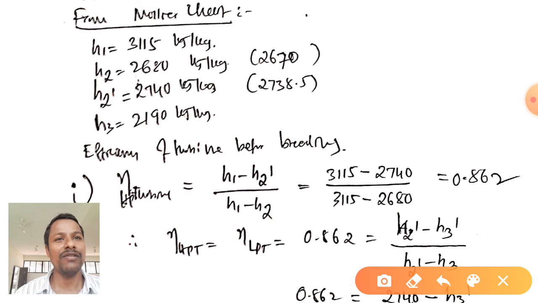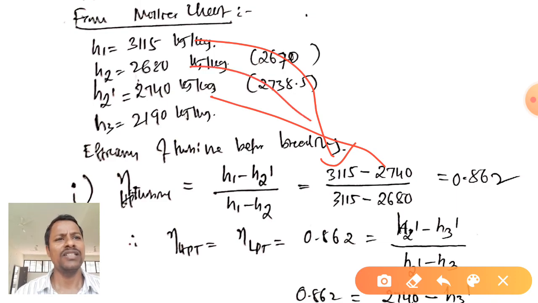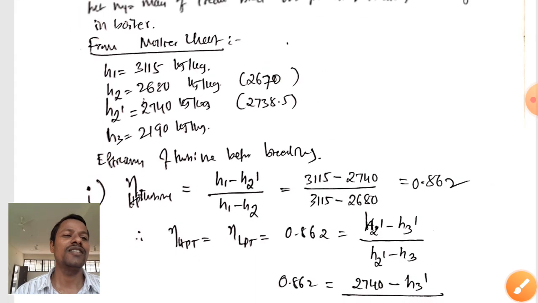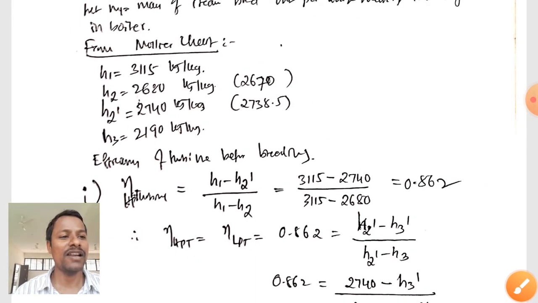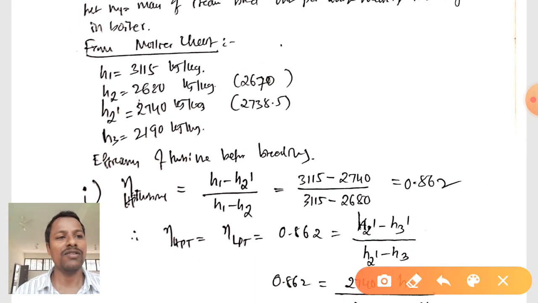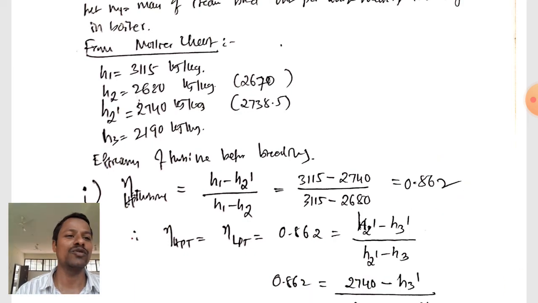H1 I have 3115, then H2 dash I have 2740, then H2 I have noted down as 2680. Now if you operate the calculator, I will be able to calculate the turbine efficiency as 0.862.